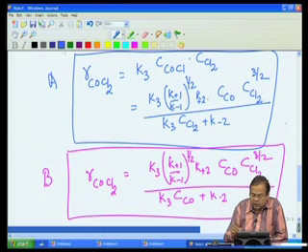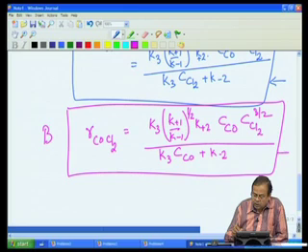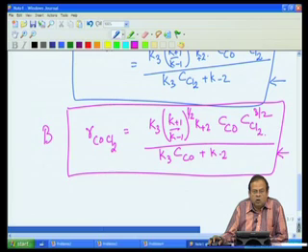The first one, mechanism A: the denominator has a term containing the concentration of chlorine, and in the second mechanism we have a denominator which contains the concentration of carbon monoxide, and the second term is again a constant.